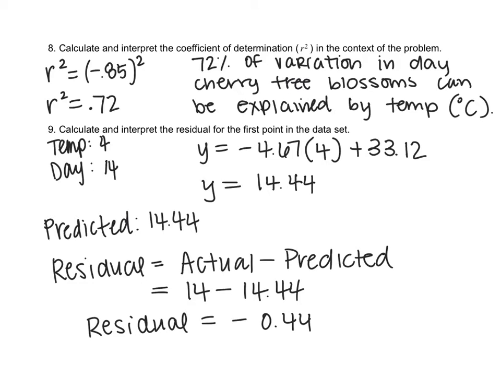A lot of our other residuals could be like 5, 6, or 7, in which case a residual of negative 0.44 is really good. So you can't really interpret how good a residual is without knowing the rest of the residuals for your data, which is actually what we're going to take a look at next.